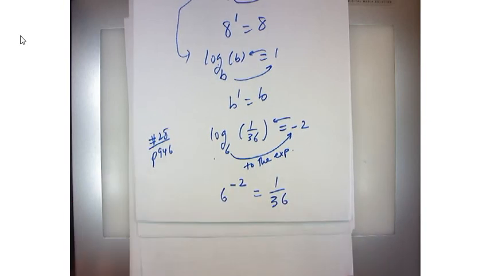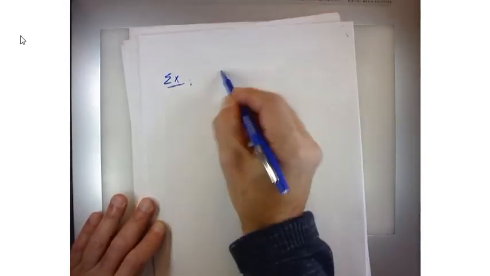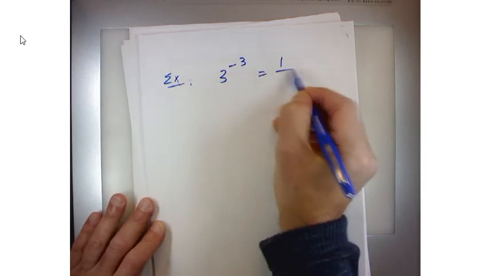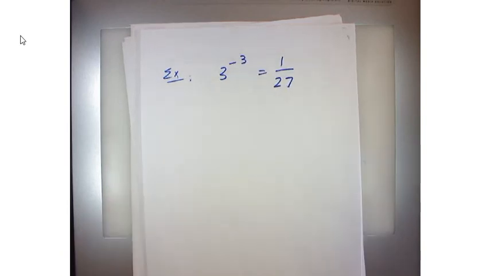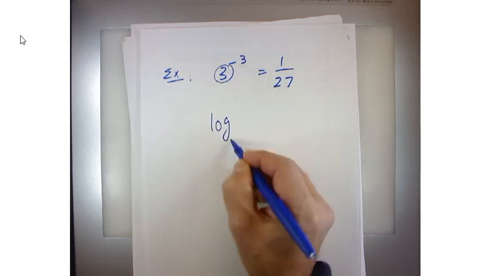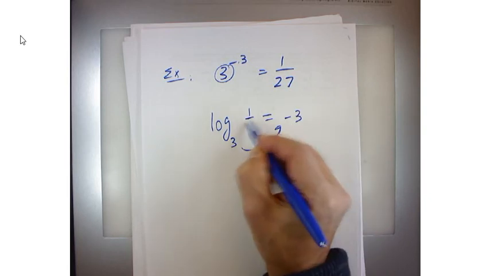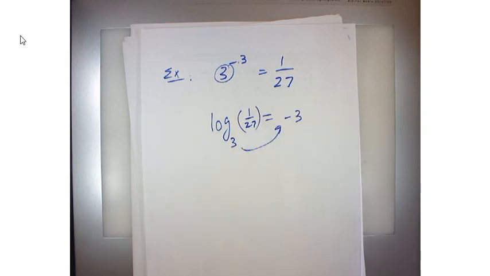We drop the log because now we are in exponential mode. Another example, if we have exponential, how do we write it in log? We write log, we put the base down here. Again, 3 to the exponent negative 3 equals 1 over 27.